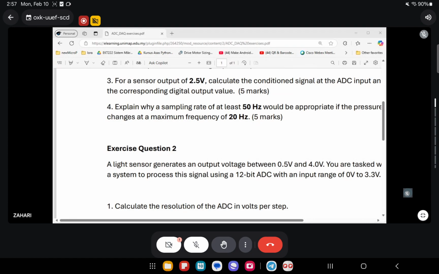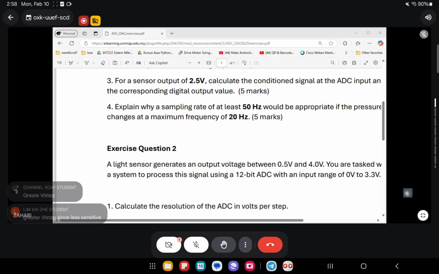Meaning that any change of the input signal of this value will be detected, it will be converted. If we get a lower resolution, for example, how many bits is this? This is 10 bit. What do you think this value will be?